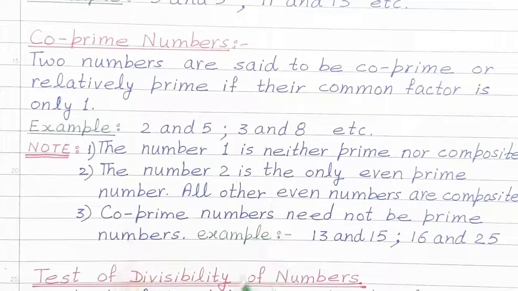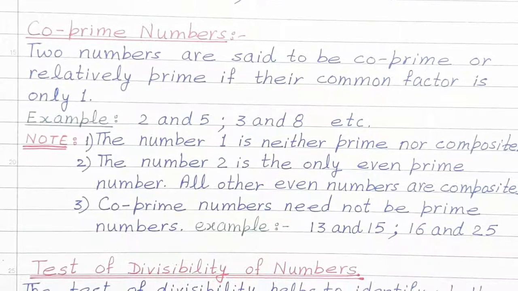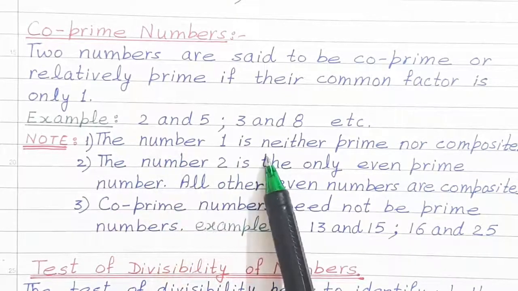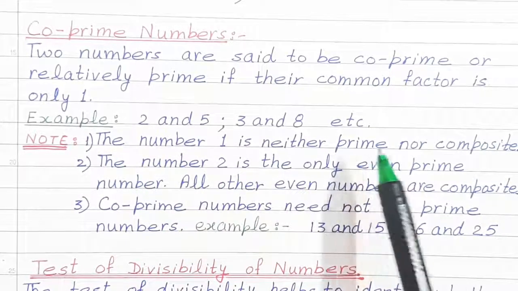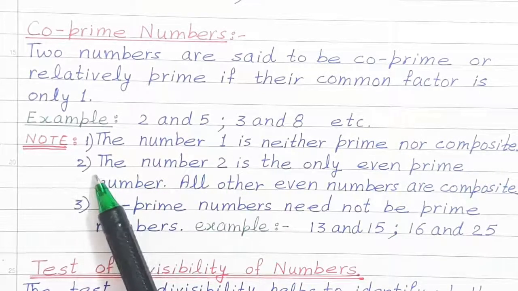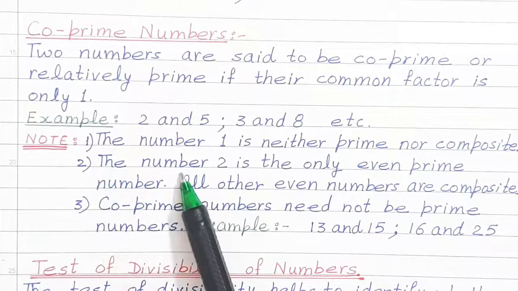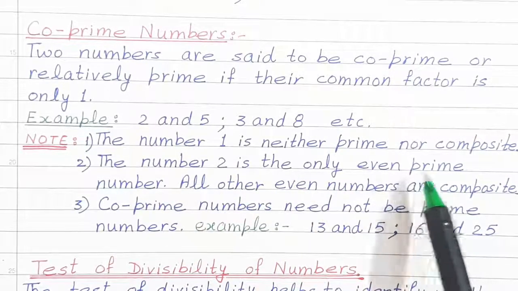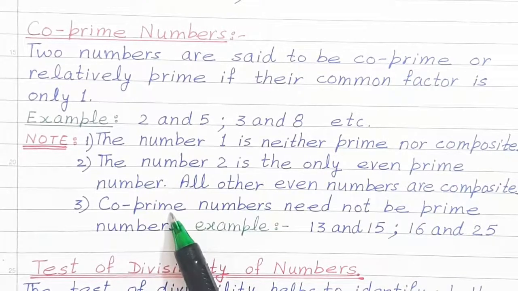Clear? So note one very important point here. Number 1, the number 1 is neither prime nor composite. Clear? Number 2, the number 2 is the only even prime number, right?